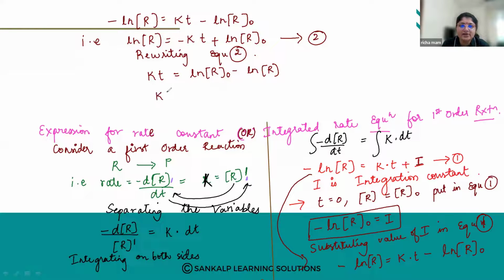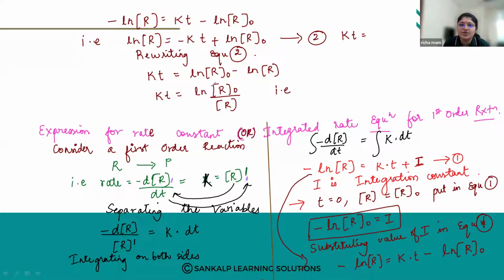Since ln is common, ln of r naught minus ln of r can be written as ln of r naught divided by r. Ln of r naught minus ln of r can be written like this also.